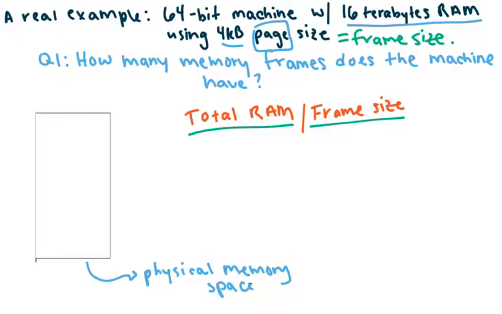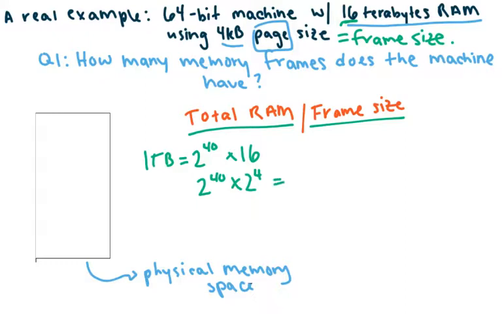You want to work everything in powers of 2. So 1 terabyte is equal to 2 to the 40th. And we have 16 of those terabytes, so times 16. But we know that 16 is 2 to the 4.